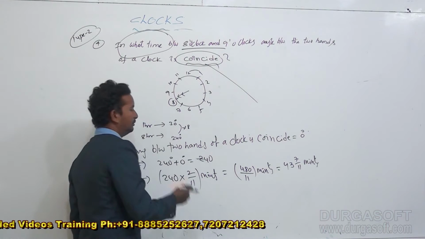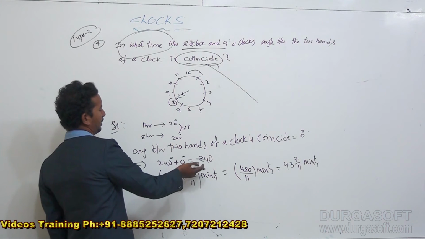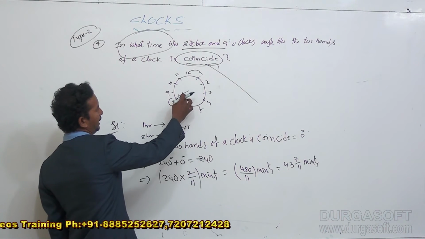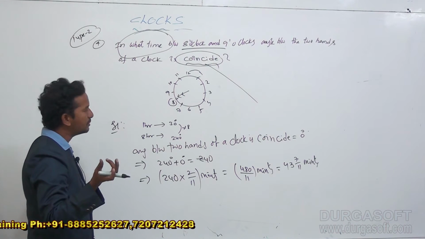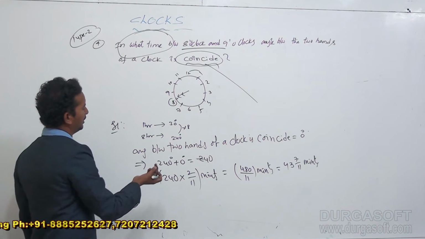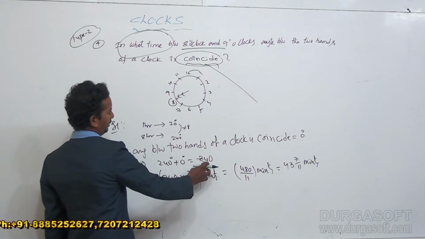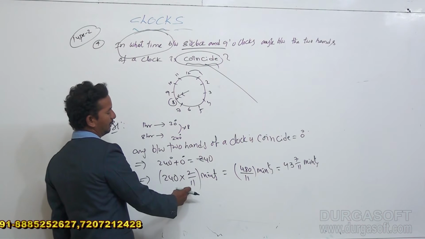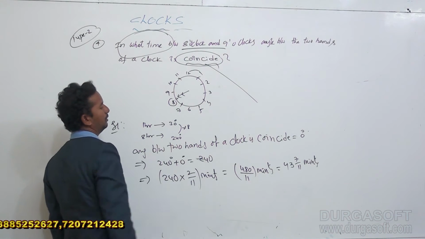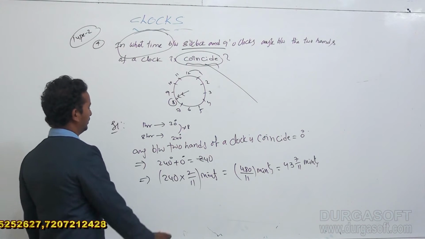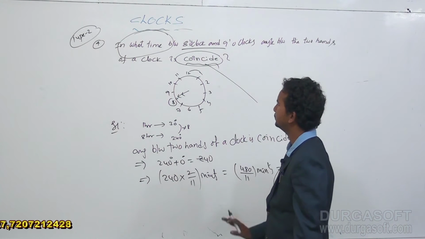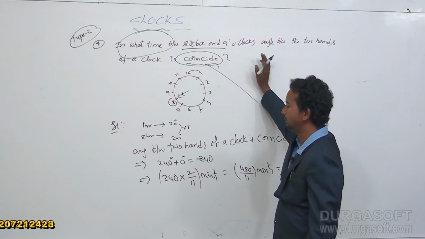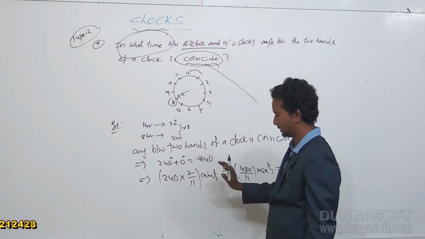When converting into minutes, you add the degrees between 8 o'clock and 9 o'clock, here 0 degrees because both are coincident. So 240 converted into minutes is multiplied by 2 by 11. This is the time being asked, calculated like this.